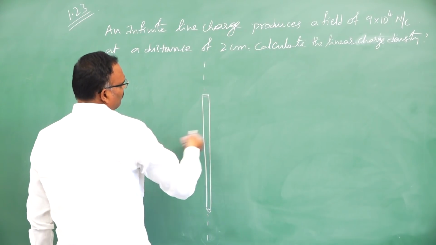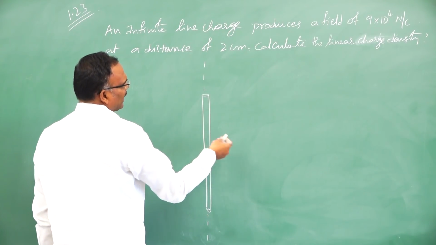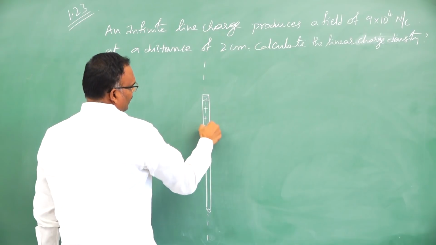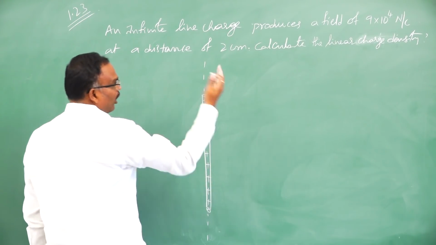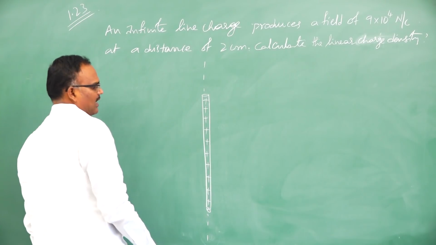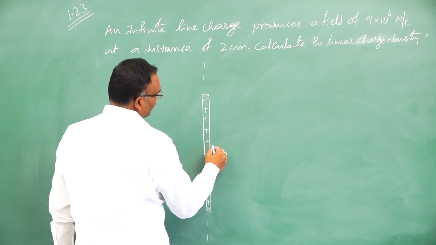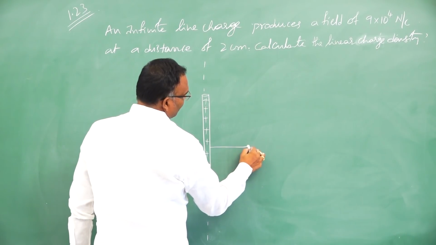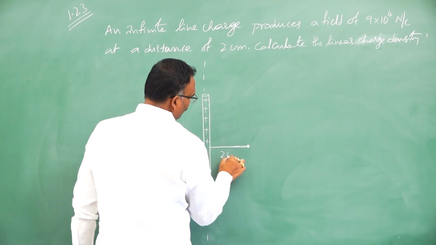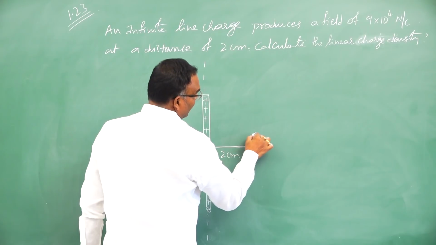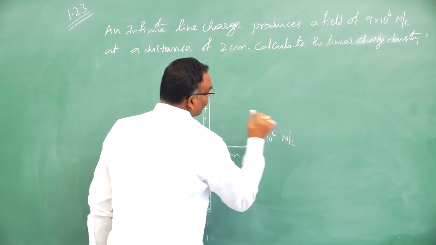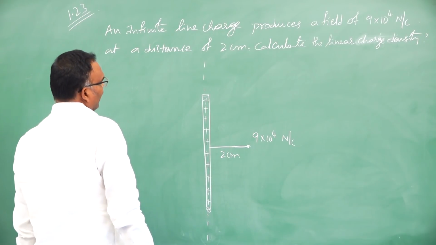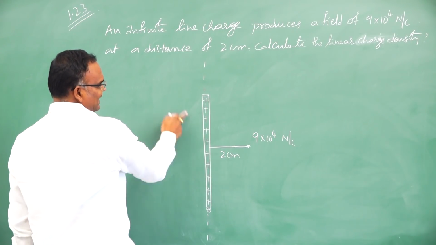Hence we don't know if the charge is positive or negative, it is immaterial. Electric field direction is not mentioned, so I have taken positive charge at a distance 2 centimeter. That means here. We know that electric field is 9 into 10 to the power of 4 Newton per coulomb. Then we need to calculate the linear charge density.